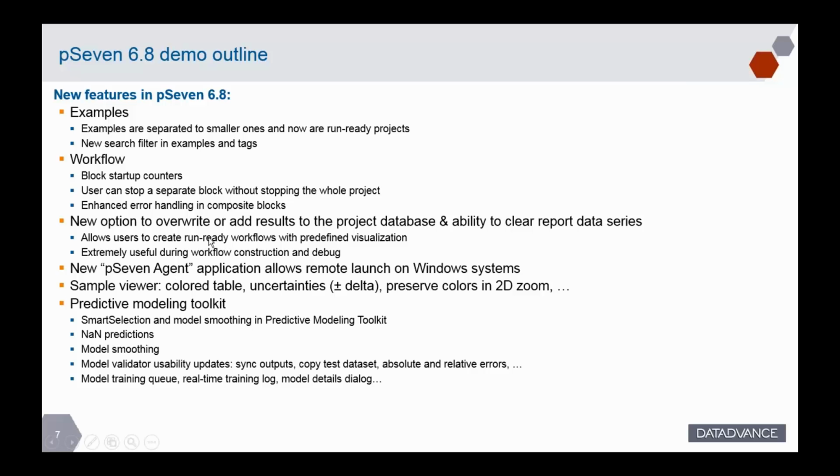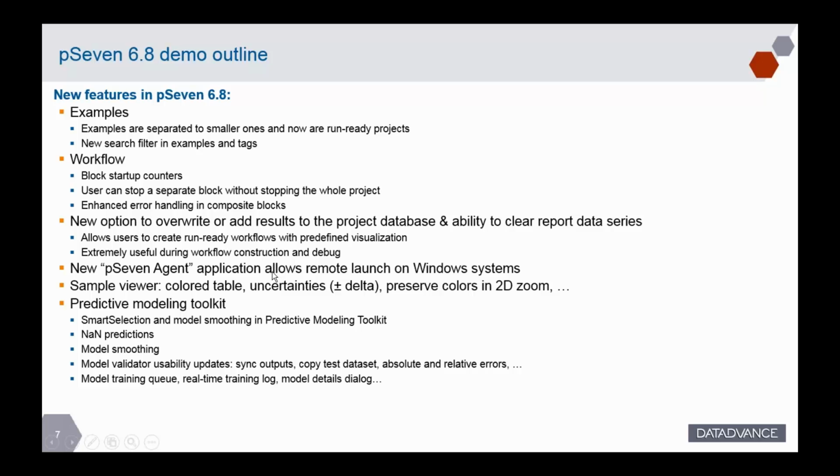So, before we proceed to this new cool feature of the predictive modeling toolkit named SmartSelection, I would like to highlight another feature which is intended to run remote calculations on Windows machines.